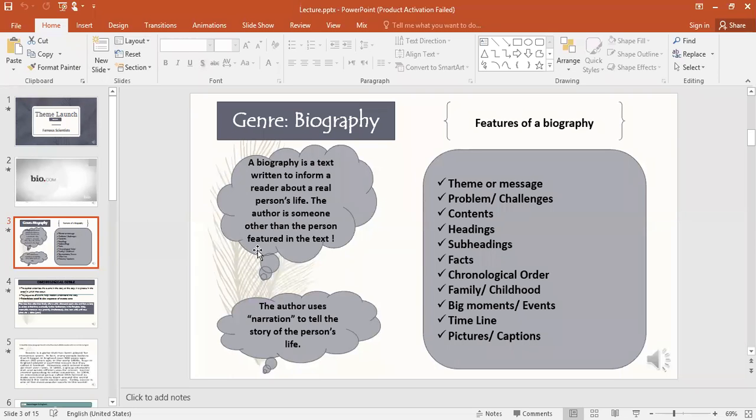We said that a biography is a text written to inform the reader about a person's life, and it's a narration also.